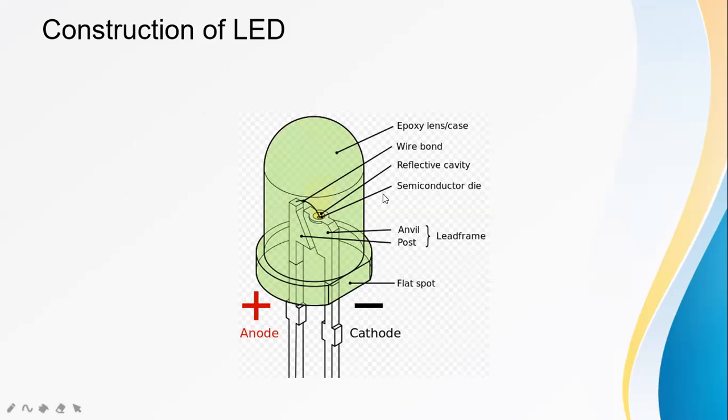This is the reflective cavity and the wire bond. The epoxy lens or case lets the light out. The light is produced at this semiconductor part, within the reflective cavity. Here is a flat spot to indicate the terminal.